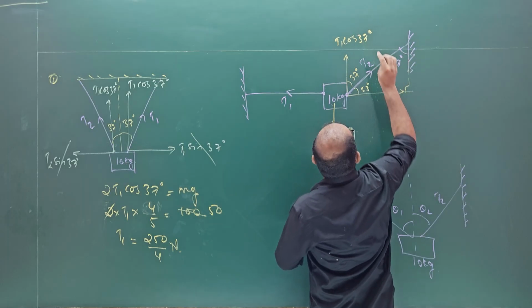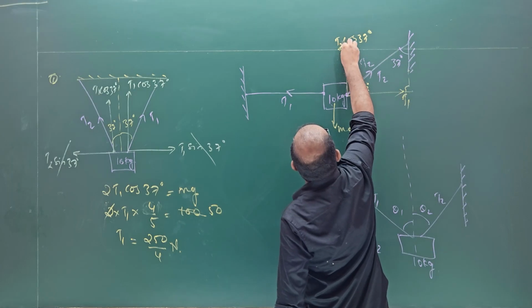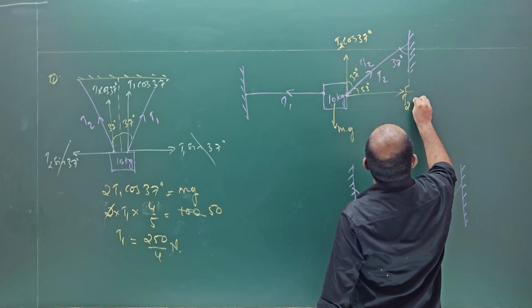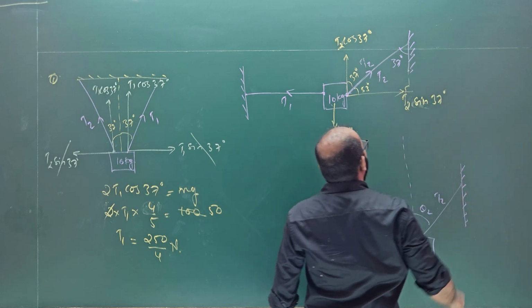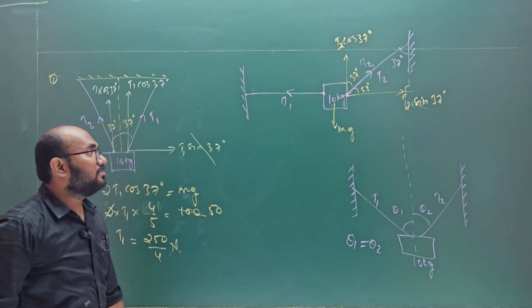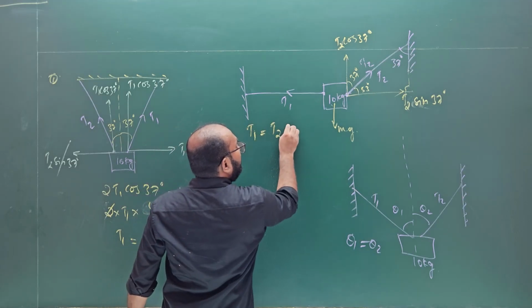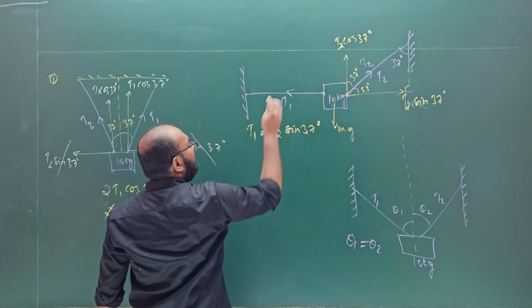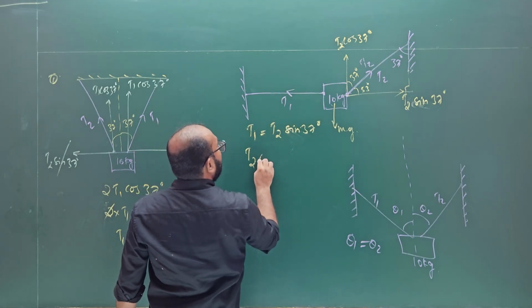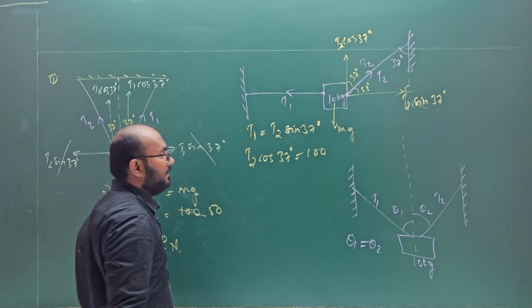So T1 cos 37, this is what? T2, and this is also T2 sin 37 degree. Your wish, take 53, take 37, take anything. Then from this equation, can I say that T1 is equal to T2 sin 37 degree, and the other equation can be written as T2 cos 37 degree, and this is equal to what? 100.